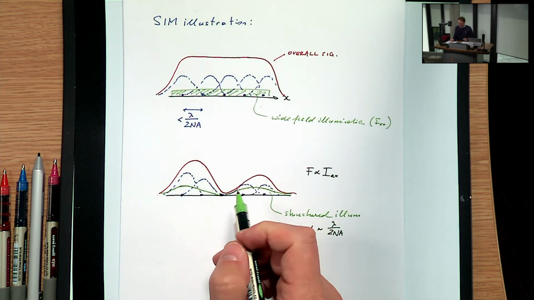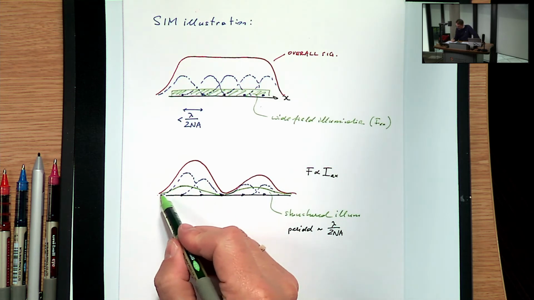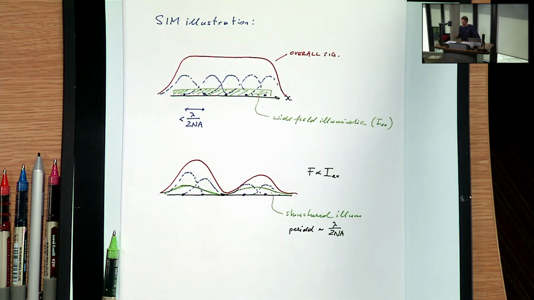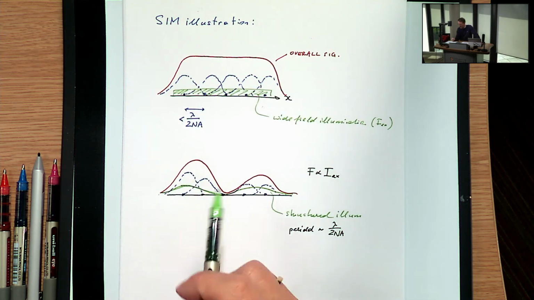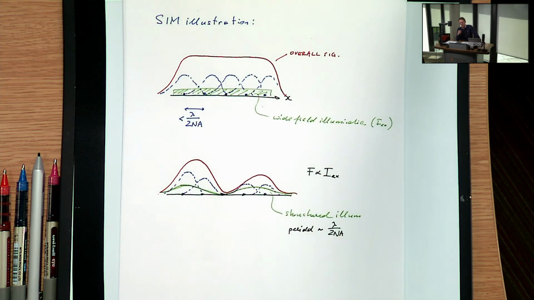So it is kind of intuitively obvious that what you have to do is shift the illumination pattern. You shift the phase of this illumination pattern, and you take images with the pattern displaced several times. And in fact, it turns out that if this illumination wave is a sine wave, then you need 3 images, 3 phase shifted images.